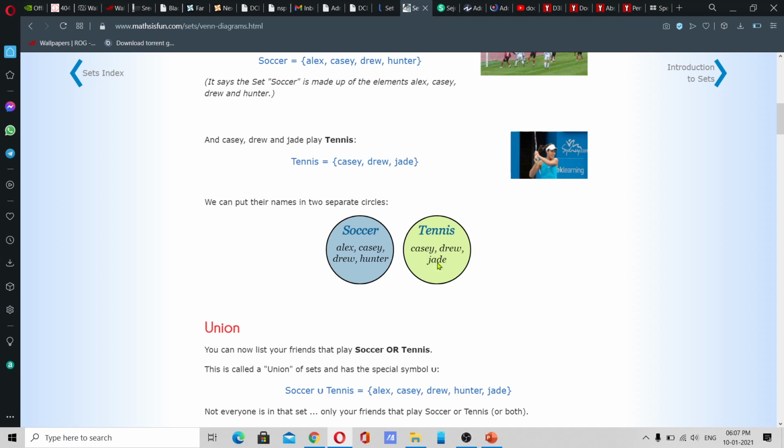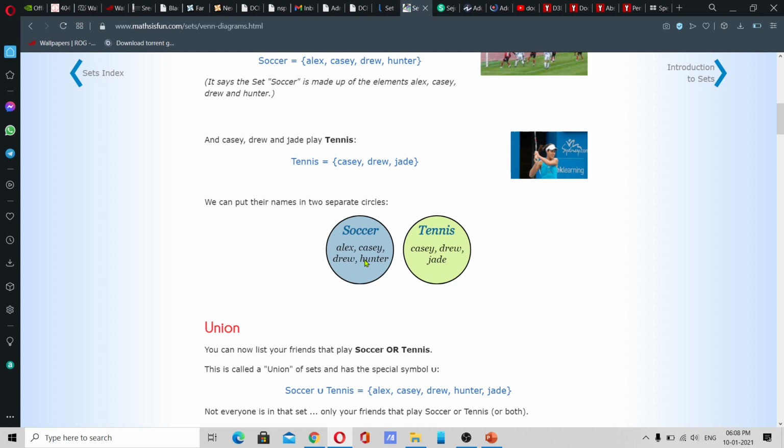So we need not worry about Jade. We only consider those items that are especially there in the first set and should not be there in tennis. Alex is not there in tennis and Hunter is also not there in tennis. So these two are the persons representing the difference of two events.